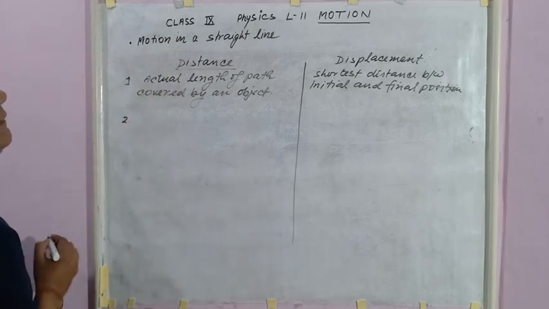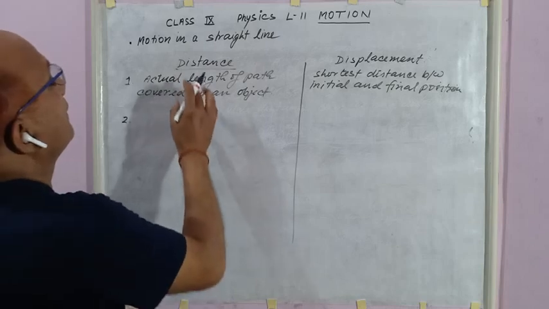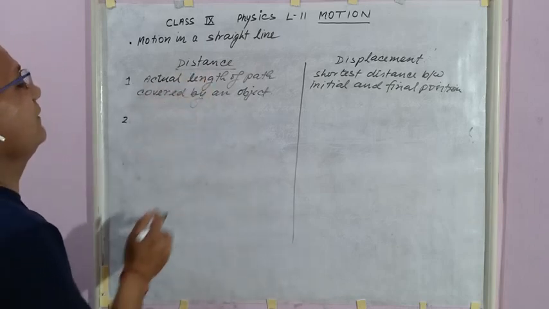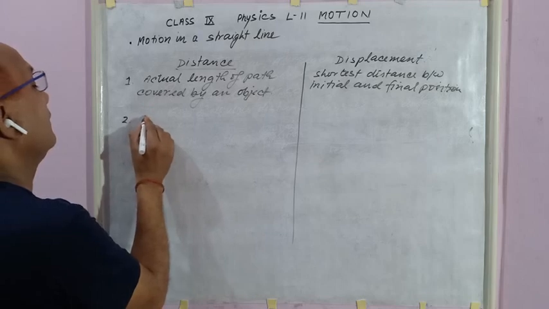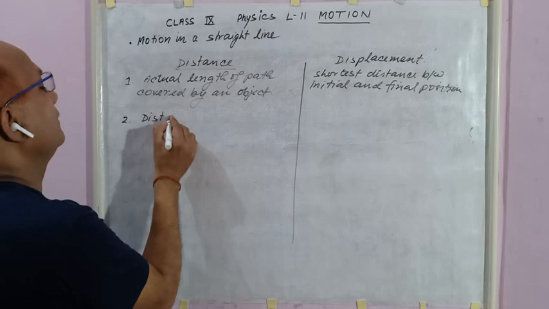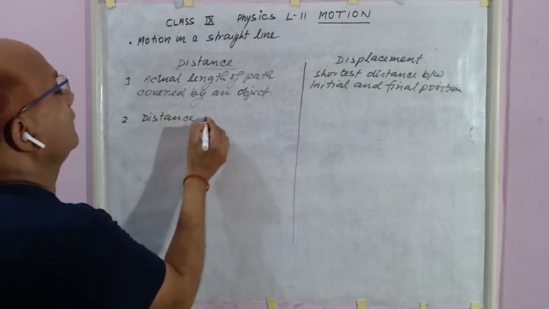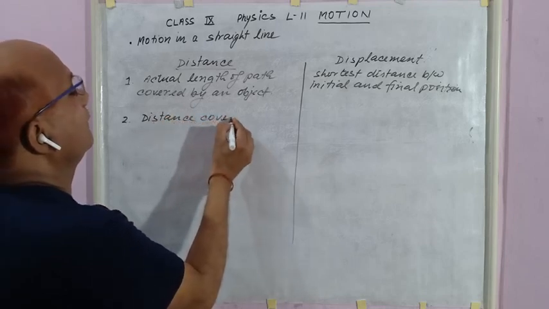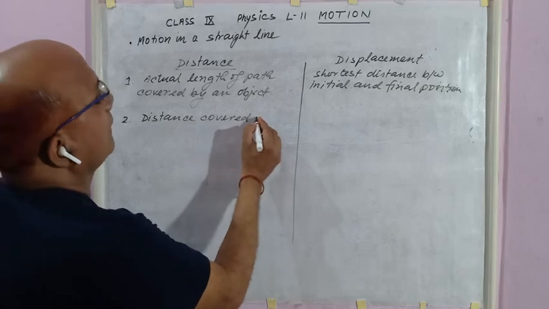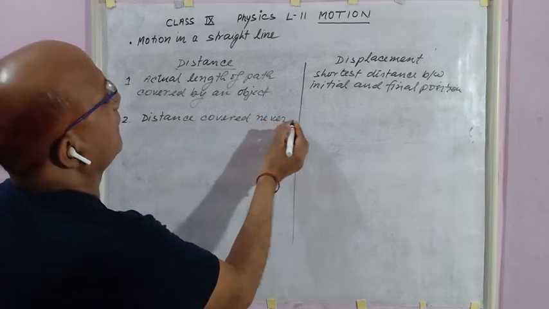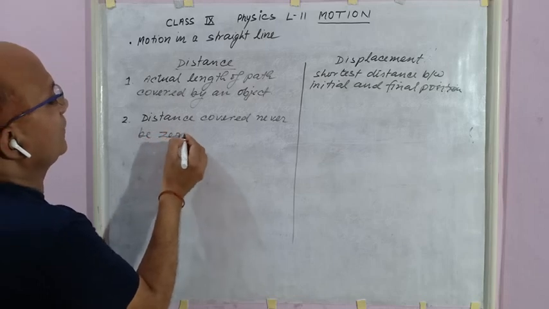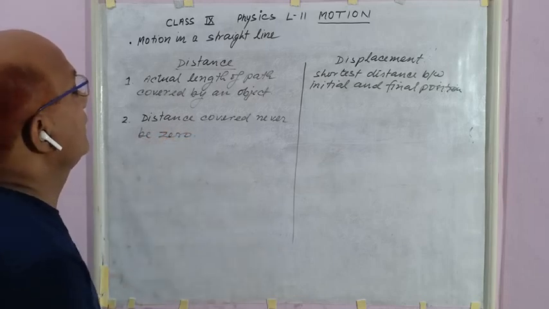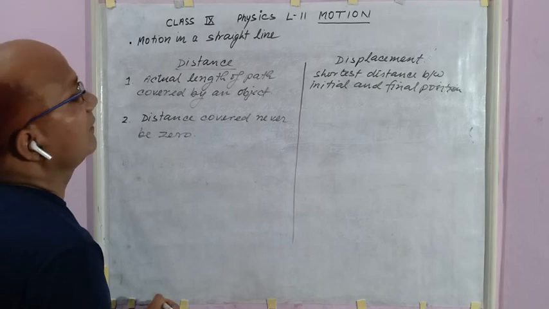Second point, as you have seen, distance covered can never be zero.